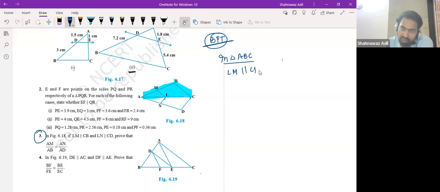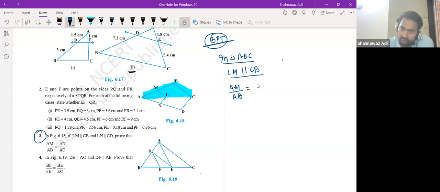So then this would be AL by LC, right? And we have to prove what? AM by AB. So let us write AL by LC on the right hand side. So we will write AM, and remember this is saying AB, so we have to take AM by AB.